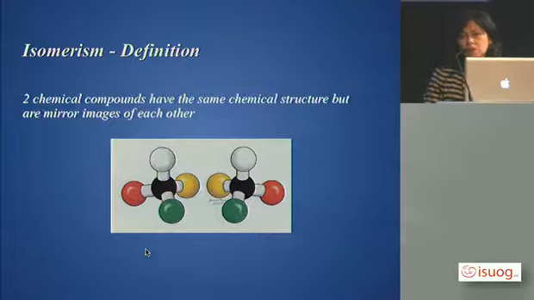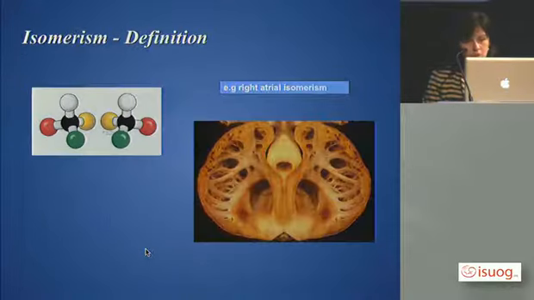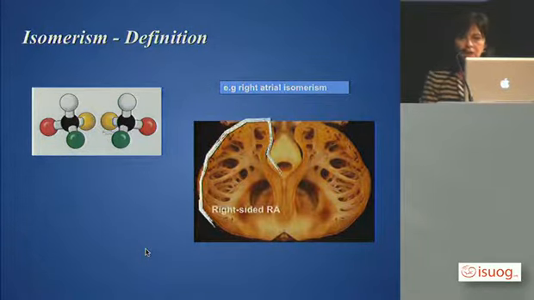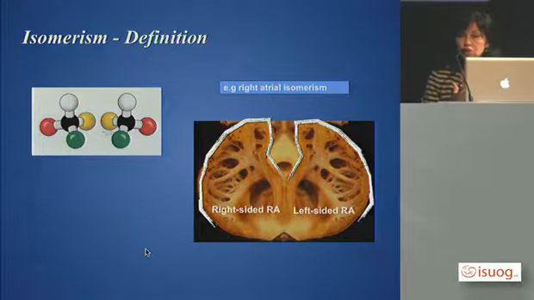So what is isomerism? Well, from the chemical compounds, you would have recalled from your old days of chemistry that they are compounds that have the same structure, but they are mirror images of each other. So if we come to the heart, and this is obviously a Photoshop-created image, if we look at the heart that has right isomerism, you would have two atria where the appendages are right-side looking, so the right atrial appendage.